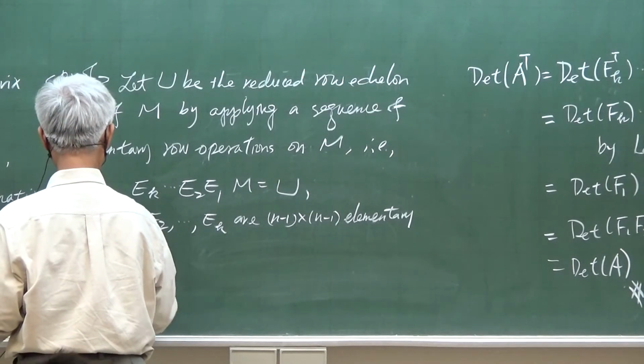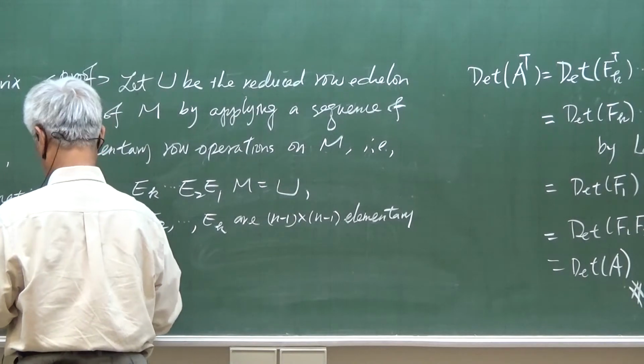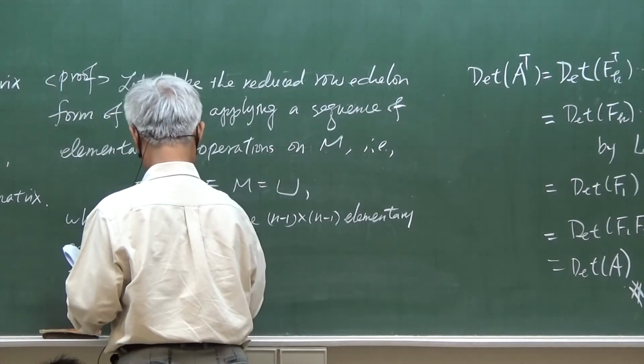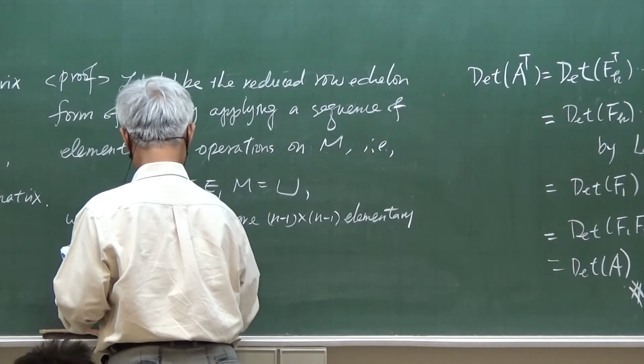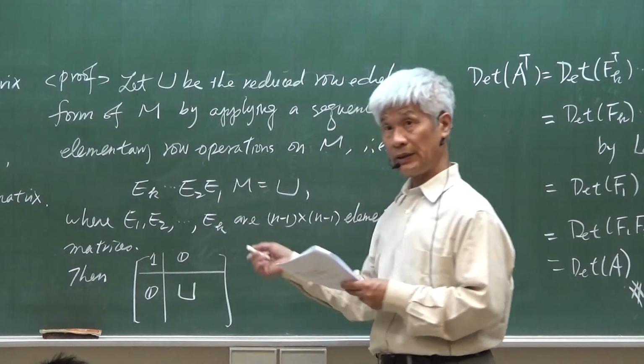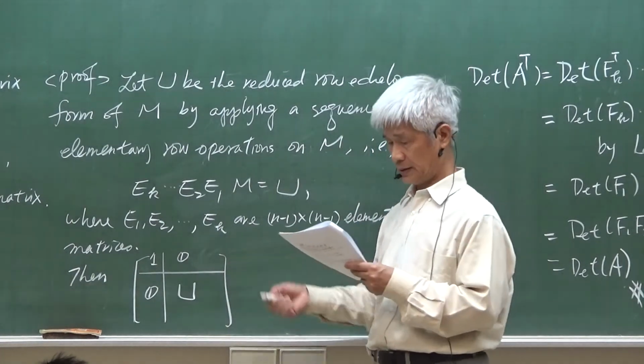Okay, now, so then the block matrix [1, 0; 0, U]. Now, this is an n times n matrix.